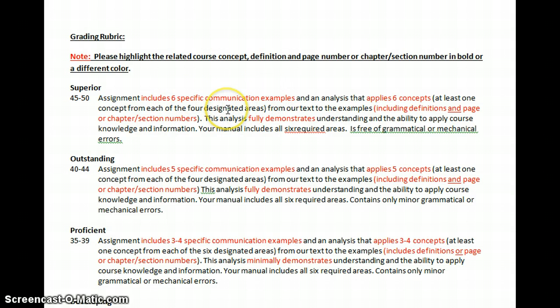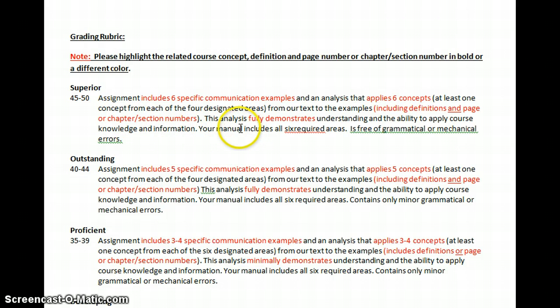As you're writing through these different sections, a good rule of thumb is to have at least one specific example for each of those sections. And you do need to apply at least 6 concepts from our textbook, remembering again at least one concept from each of our 4 designated areas. Make sure that you're including definitions and page or chapter section numbers.